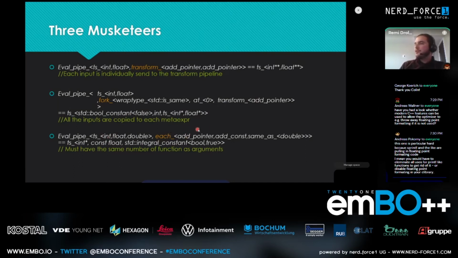Each add pointer, add cons, same as double. So int will go into add pointer, float will go into add cons, double will go into same as double. So the result is int pointer, cons float, and bool true, basically.